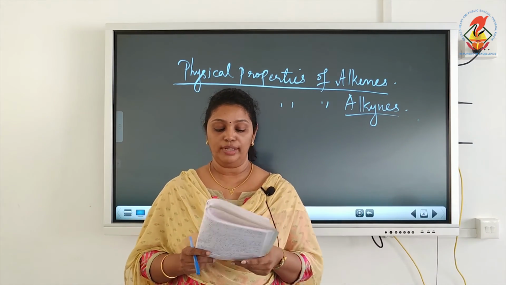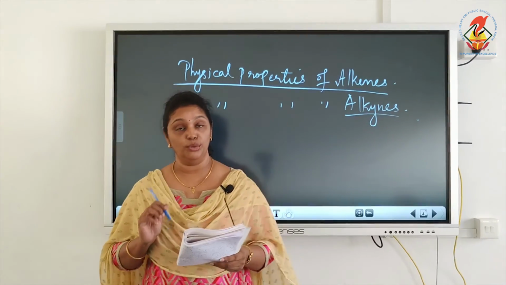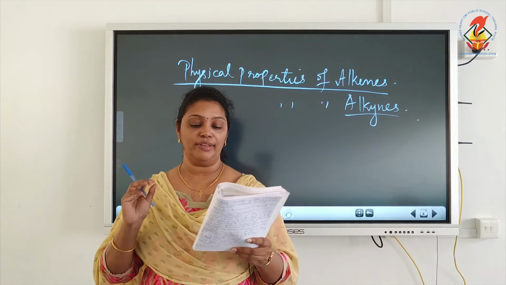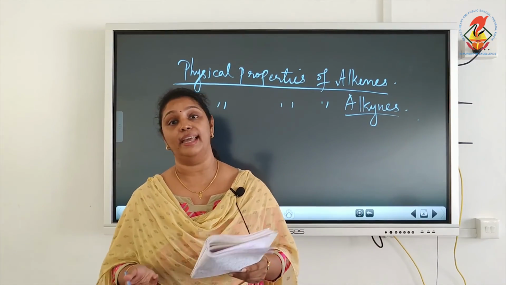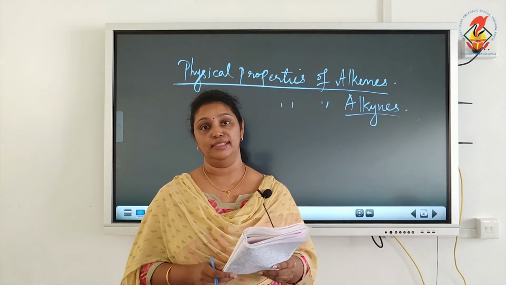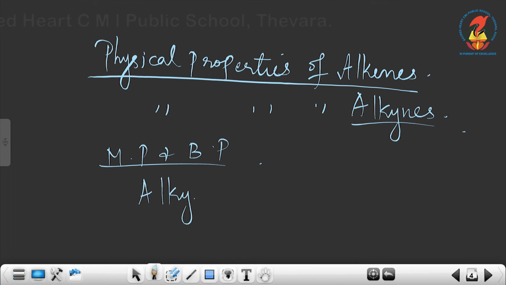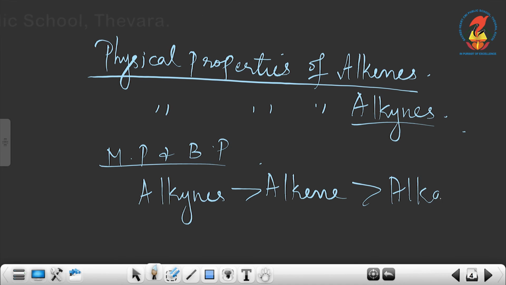Now, regarding melting point and boiling point, this is to be noted for alkynes. The melting point and boiling point of alkynes are slightly higher than alkanes and alkenes. Very important: the melting point and boiling point of alkynes is higher than alkene, higher than alkane.